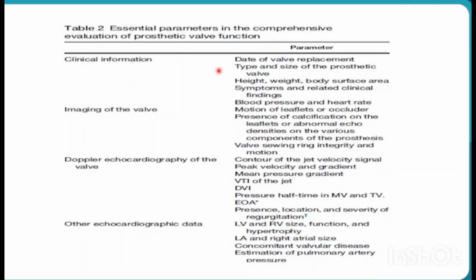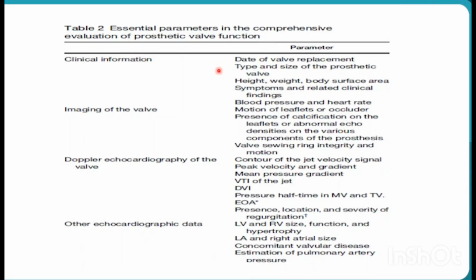As we will study in the future slides, when we are not sure clinically or echocardiographically whether there is pannus or a thrombus, then the date of valve replacement helps. Usually pannus is seen some years after, as it is a degenerative process, whereas thrombus is usually an early presentation.